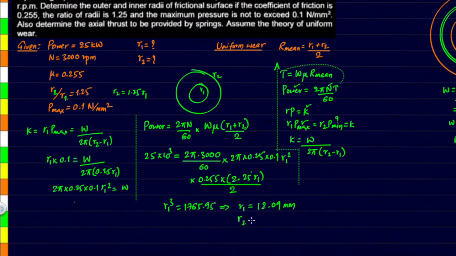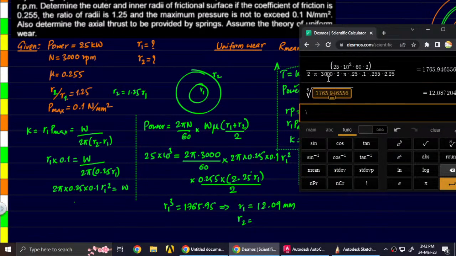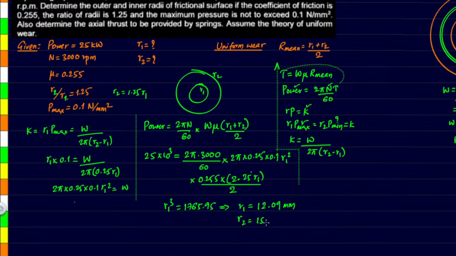So r1 is this much, so r2 is going to be 1.25 into 12.09, that is 15.11. So this is a very small value, I guess. We again ended up making some mistakes. I'm not really sure about that.